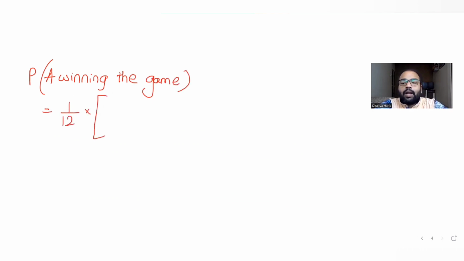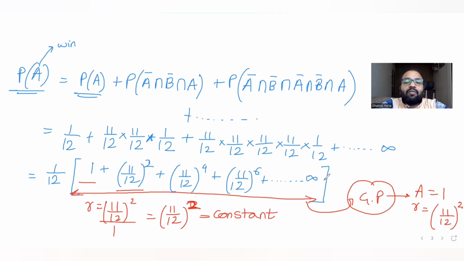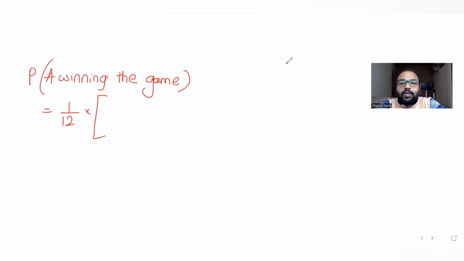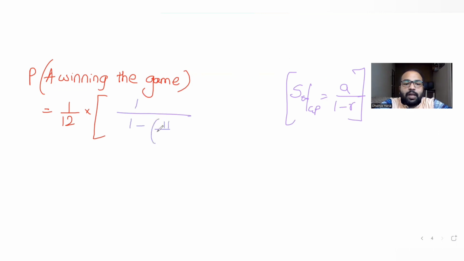I have already taken out 1 by 12 common, and now the sum of the infinite terms in a geometric progression is given by A upon 1 minus R. So I can write this as 1 upon 1 minus 11 by 12 square. Let's solve this further.